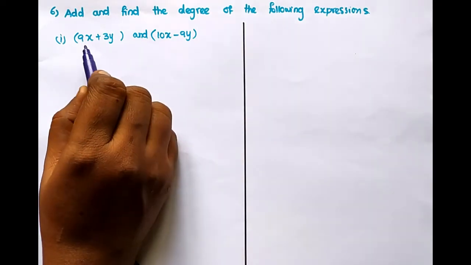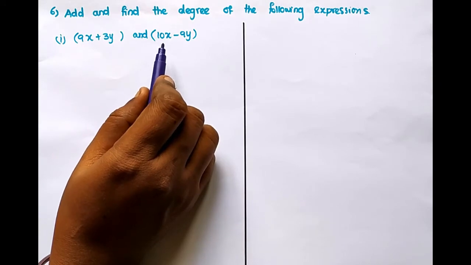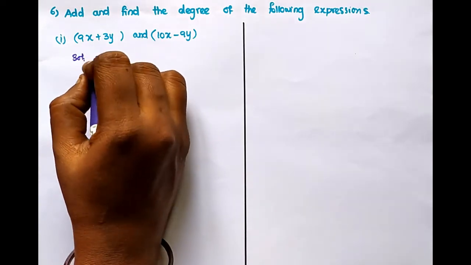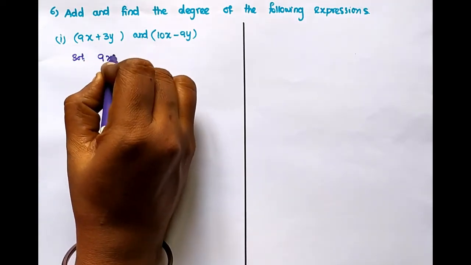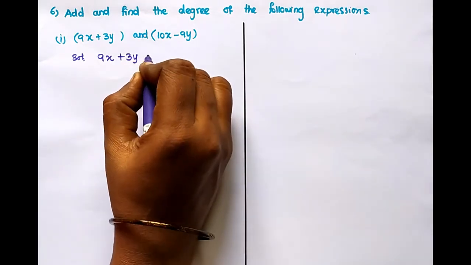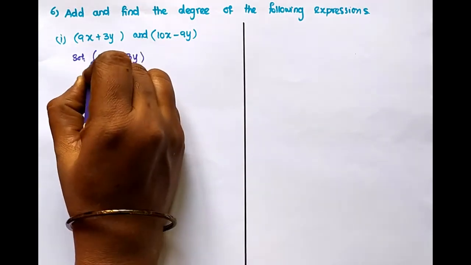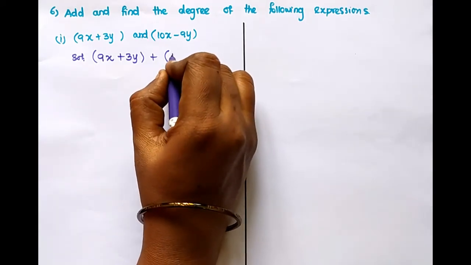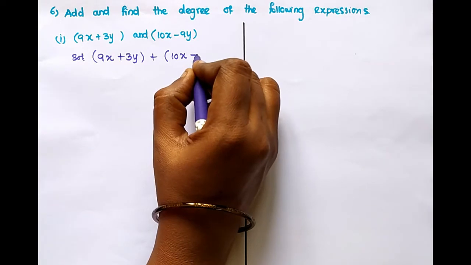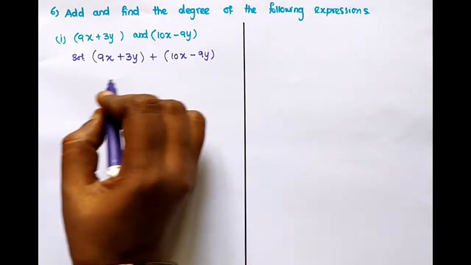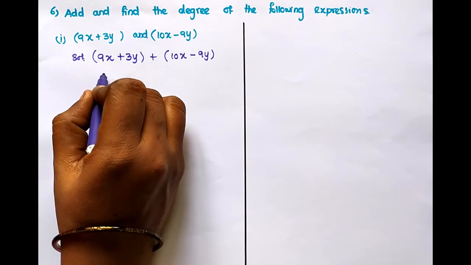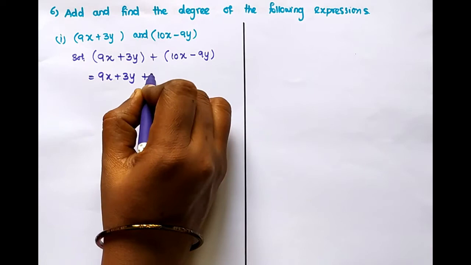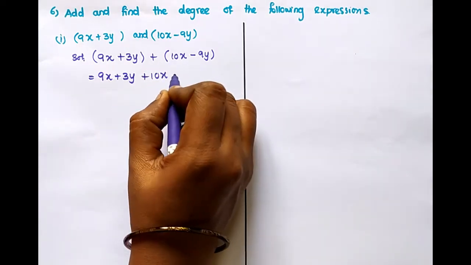That means the variables must be the same, then only we have to add them. So 9x plus 3y, we have to add this, so put the addition symbol: plus 10x minus 9y. Now we have to remove the bracket, so we get 9x plus 3y plus 10x plus into minus 9y.